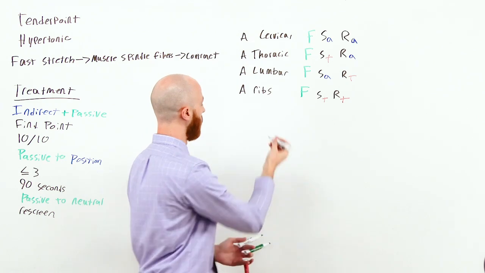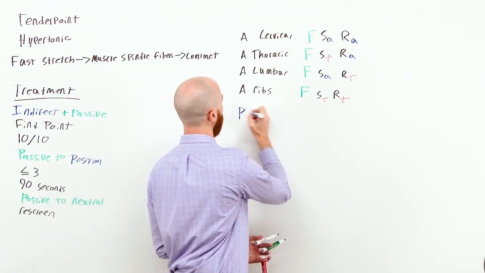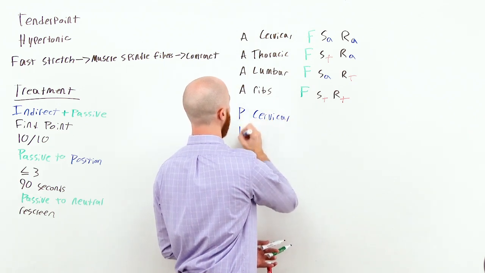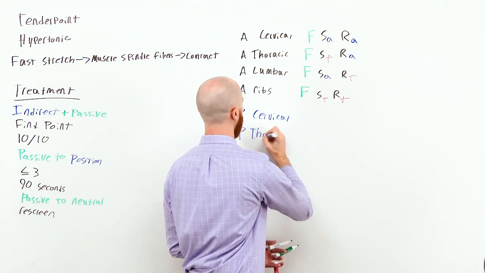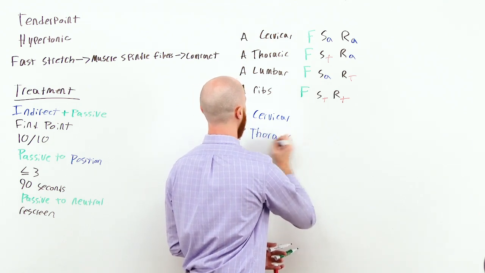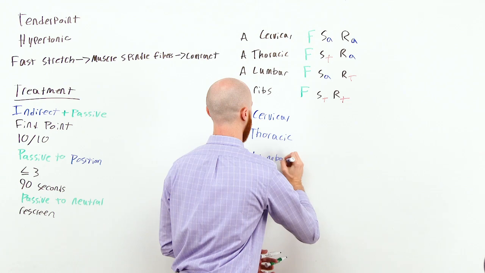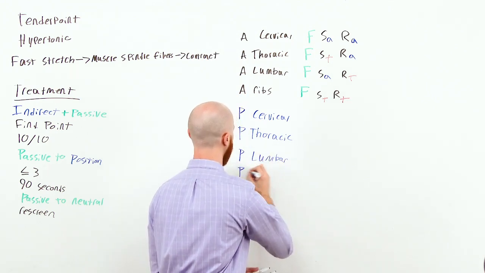Now you need to learn the posterior. So you have posterior cervical, posterior thoracic, posterior lumbar, and posterior ribs.